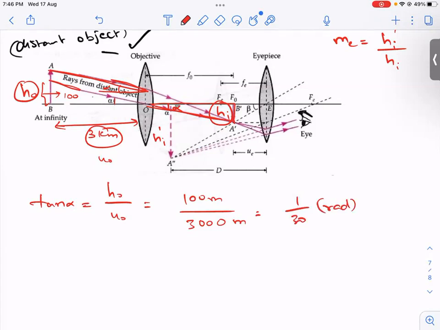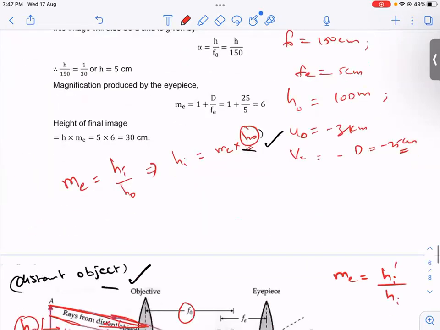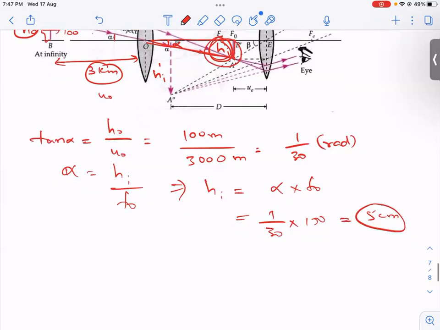But this will also help us. Alpha also gives us the height of the image formed divided by f naught, which implies h_i is equal to alpha into f naught. Alpha is how much? 1/30 into f naught, which is 150. So height of the image formed due to the objective is going to be 5 centimeter.